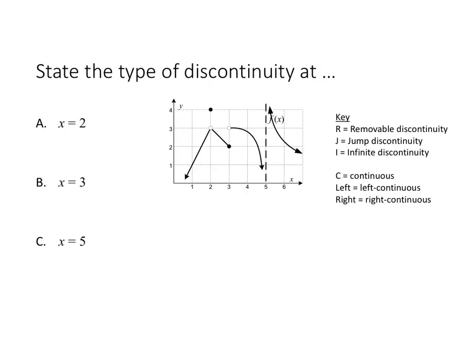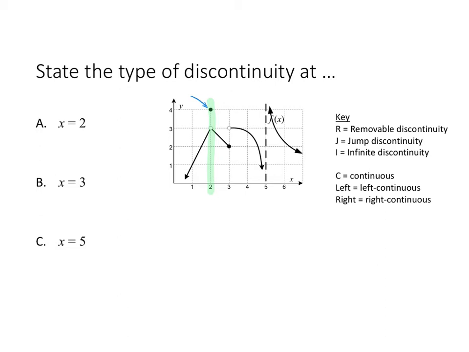So we're going to categorize discontinuities because some turn out to be worse than others when we're using calculus. At x equal 2, this discontinuity could be fixed if we could just change one point on the function.